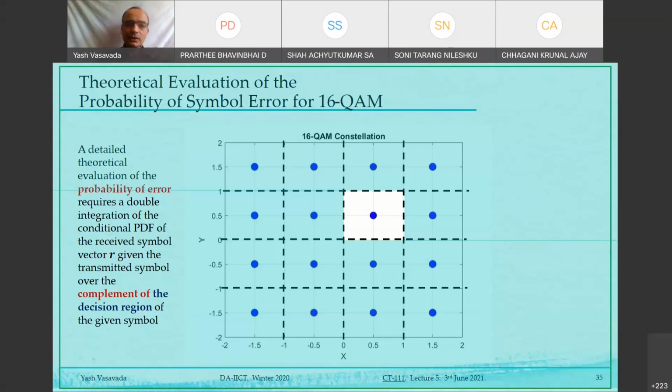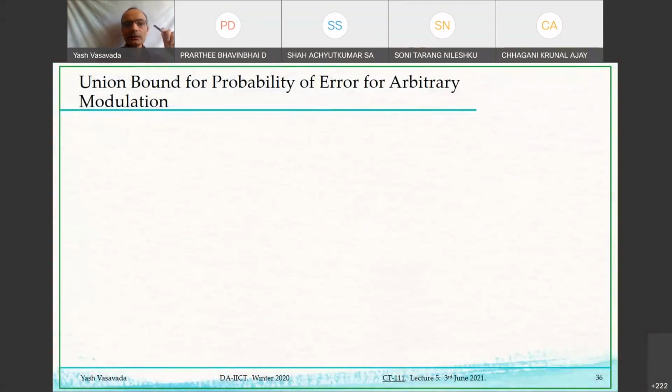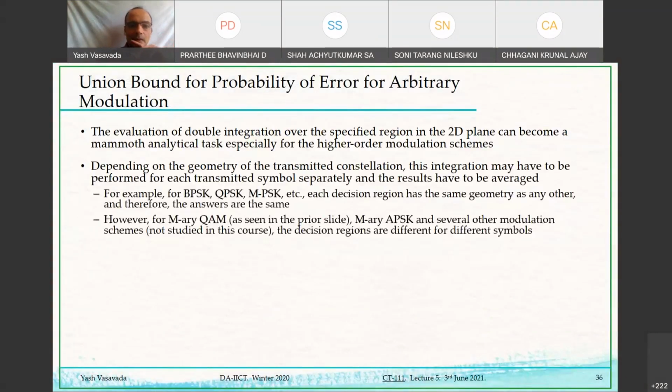But for today, we are not going to do this. We are going to take a shortcut. And the shortcut that we are going to take is going to rely on that Q function. Essentially, there is a whole lot of mathematical complexity in doing this type of analytical derivation.